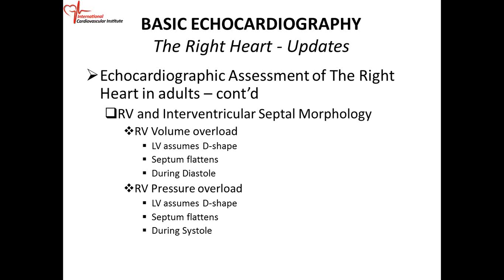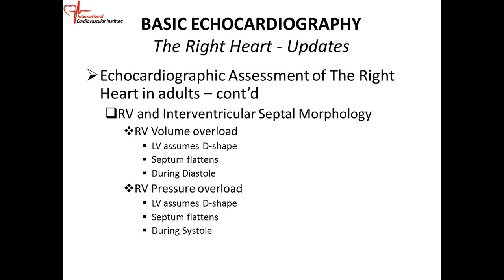So RV volume overload, if you look at it in diastole, will assume a D shape because of flattening of the septum. But you can have RV pressure overload, and the LV also assumes a D shape, but this is during systole.